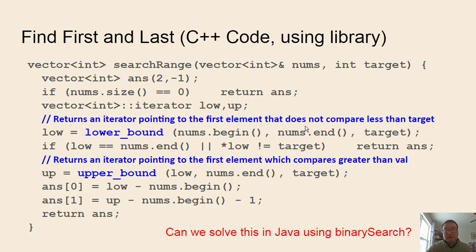When you call lower bound, you first pass in two iterators, the start point and end point, and then your target value. These begin and end functions give the starting point and end point of a vector, and the endpoint generally points to after the last element.